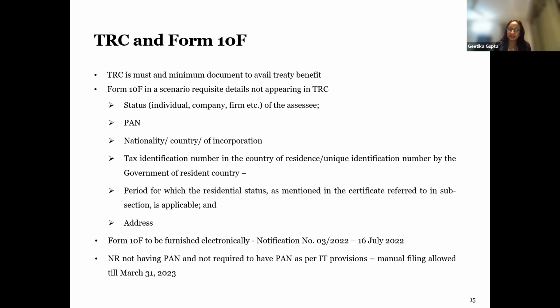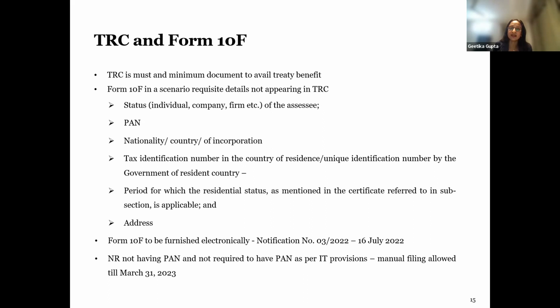Now, under the treaty, this is not taxable because of the beneficial language of the treaty. Let's say it doesn't make available the technical services, so it is not taxable. So the important thing is that the non-resident needs to obtain a tax residency certificate from its revenue authorities.